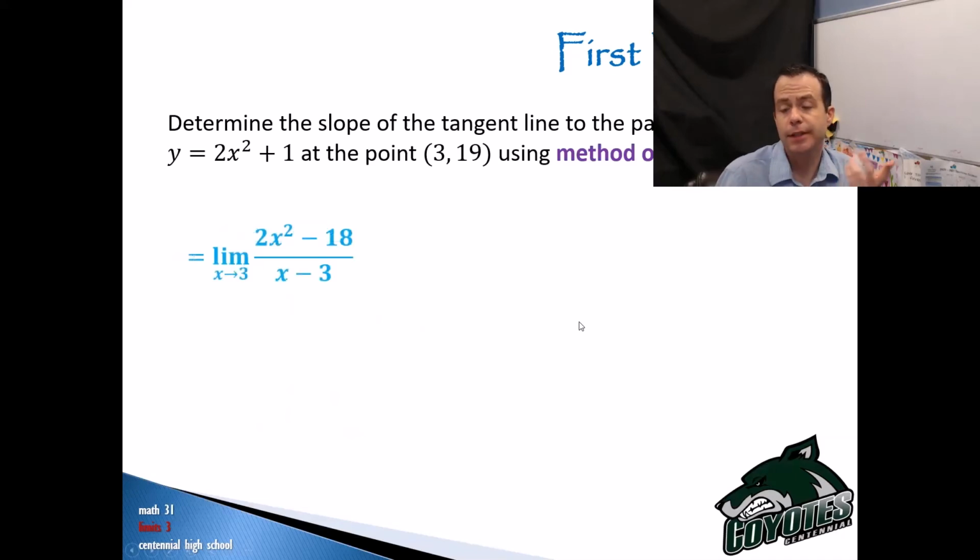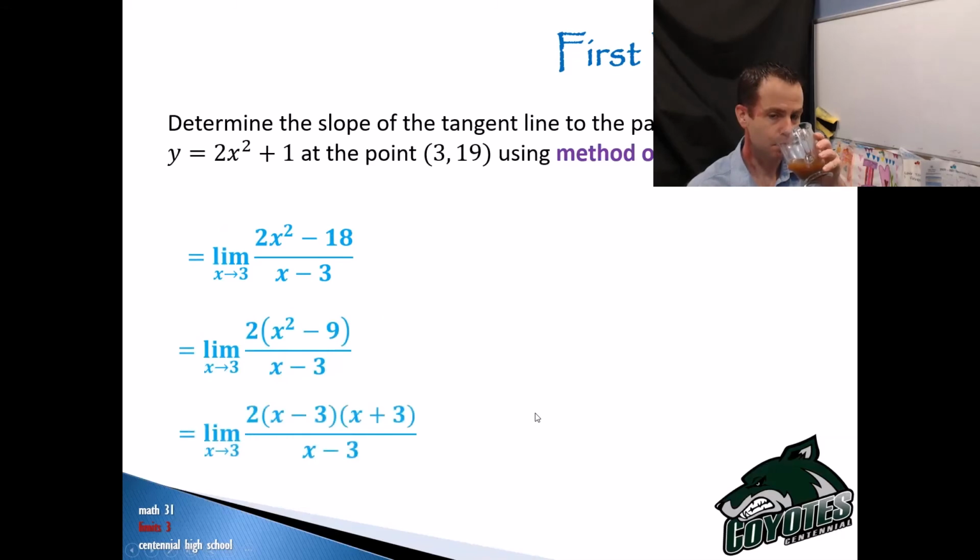And now I have to calculate the limit. So I'm right back to what I was doing yesterday. I can't do direct substitution because that's a non-permissible value. So I want to see if I can factor. I can take a 2 out of the top, and that'd be x squared minus 9, which factors into x plus 3 times x minus 3. That got rid of my problem. The x minus 3 was my problem.